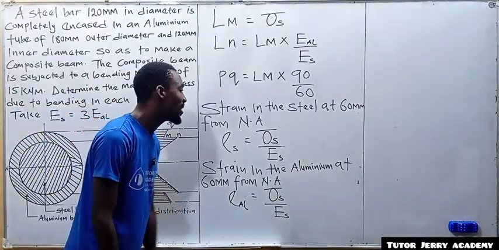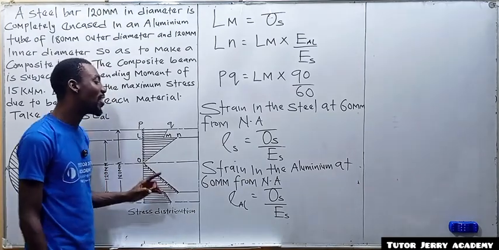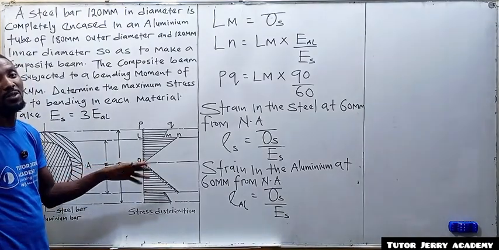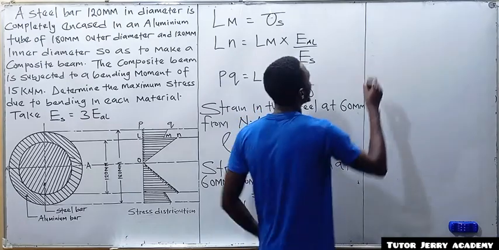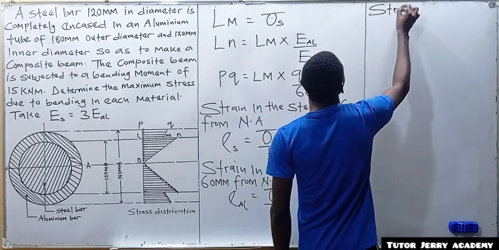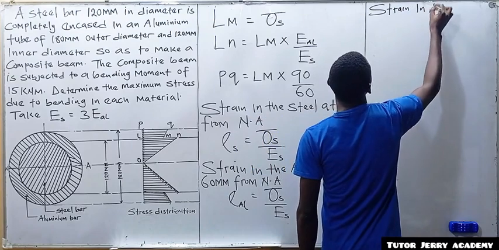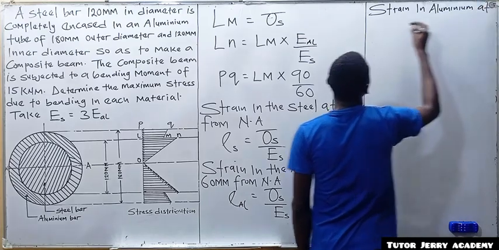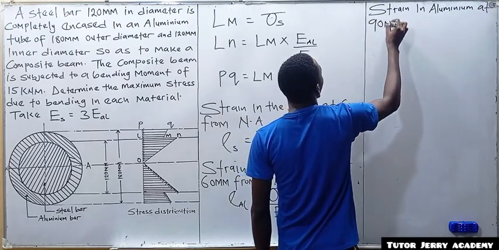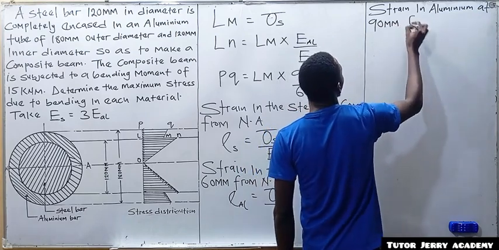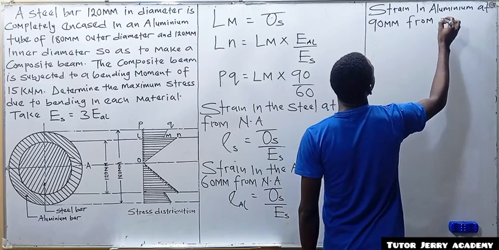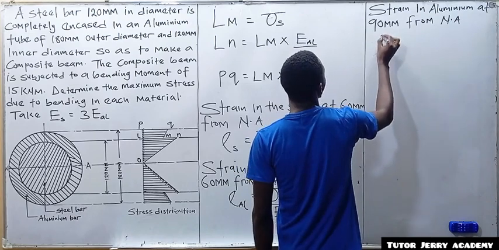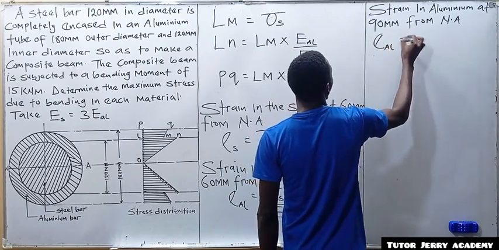All right. So now the next thing we want to consider is the strain in the aluminium at a distance of 90 mm from the neutral axis. We are going to denote that with what we have here.